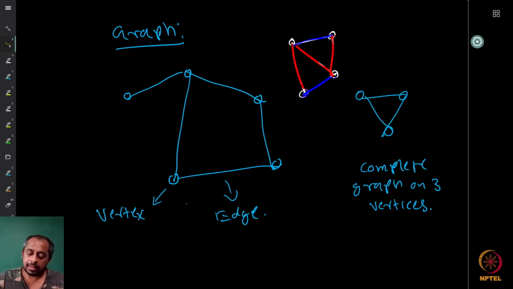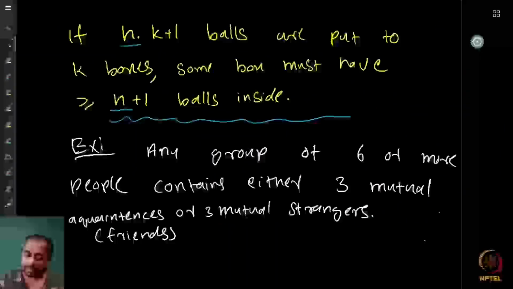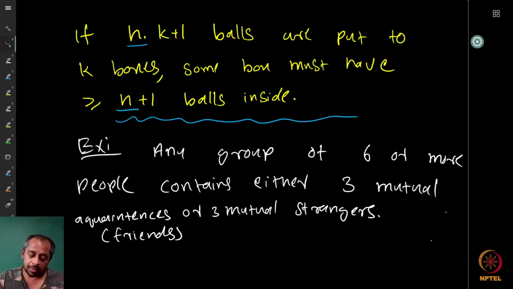With this in mind, we are going to model our problem as a graph question. What was our question? Any group of 6 or more people contains either 3 mutual friends or 3 mutual strangers. Suppose there are 100 people.